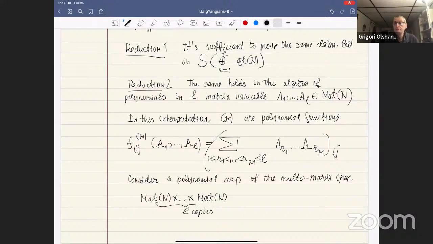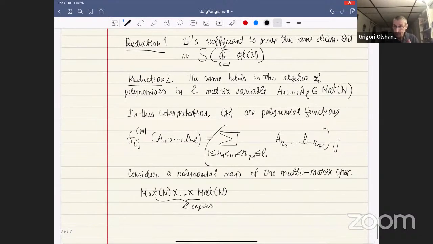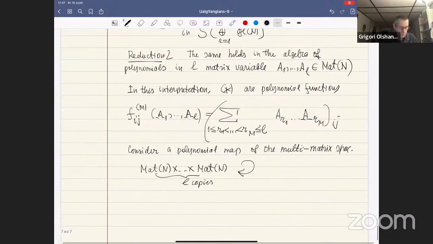This is a multi-matrix space. And we want to consider some analytic, even polynomial map of this space into itself, which goes as follows.